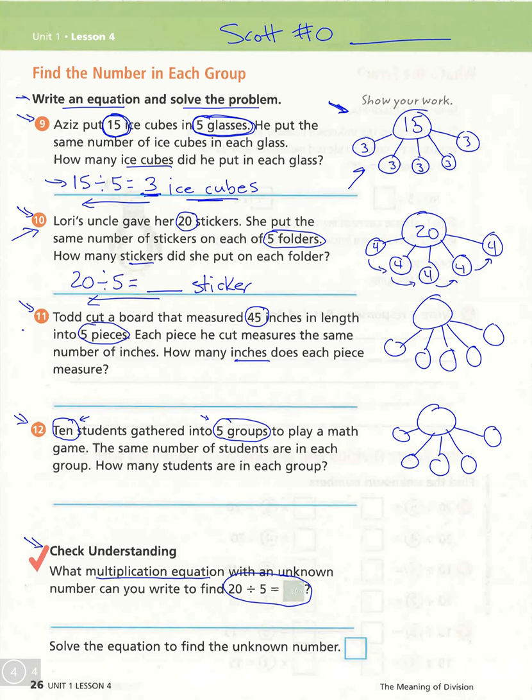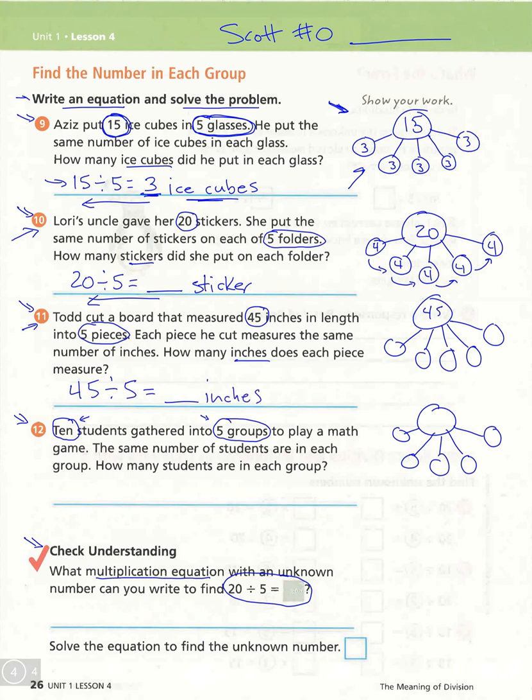All right, so on number 11 here, Todd cut a board that measured 45, so that's his total, and he cut it into 5 pieces, right? So how long is each piece? So what we're saying is, here's our division equation, and we are measuring inches.